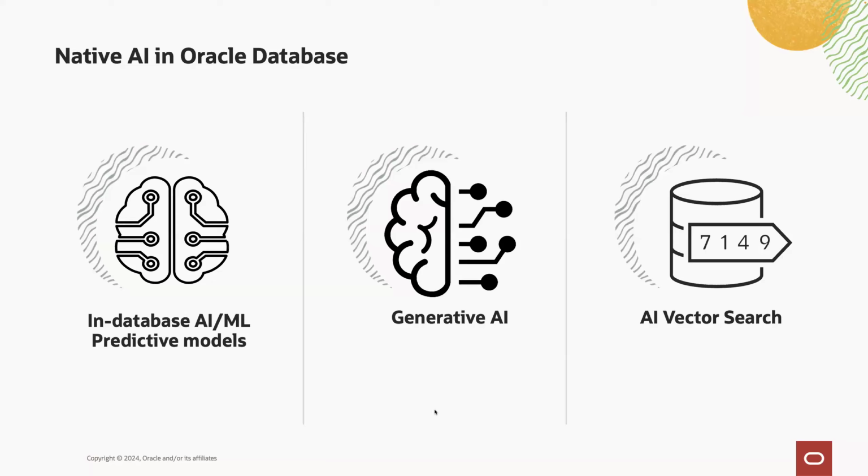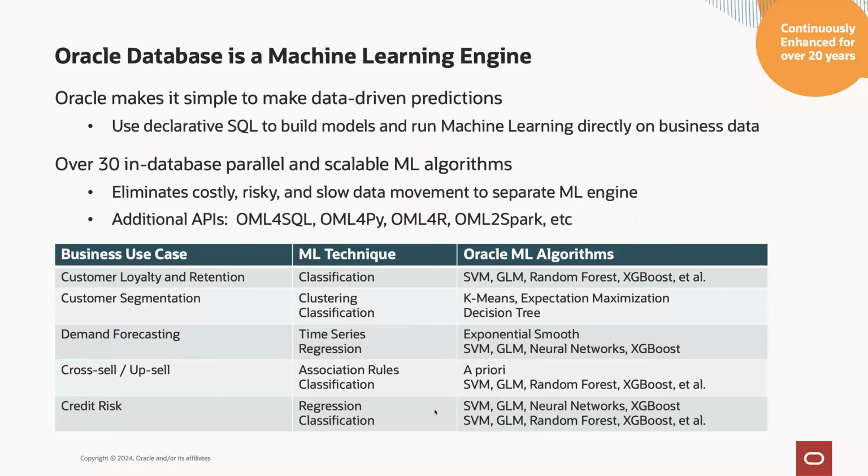But I also want to make it clear for those of you that may not be aware, when you think of AI in the Oracle database, there's three facets, or three areas in which you could categorize AI support within the Oracle database. And the first area is with our machine learning engine and our AI machine learning models.